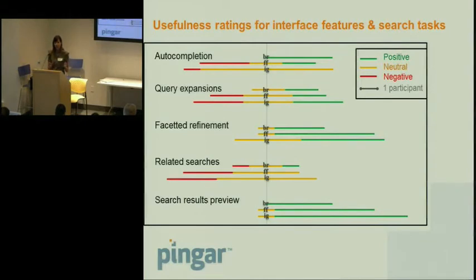They rarely use the related searches option because they know what they're looking for and they don't want to change the focus of their search. They're more interested in refining, and this is where facets are very useful. And the preview of search results is useful. It's kind of intuitive. You have to know what results are returned.